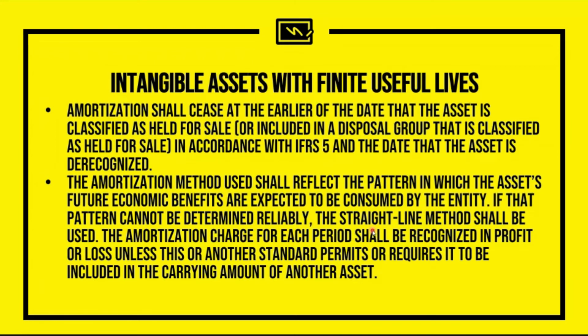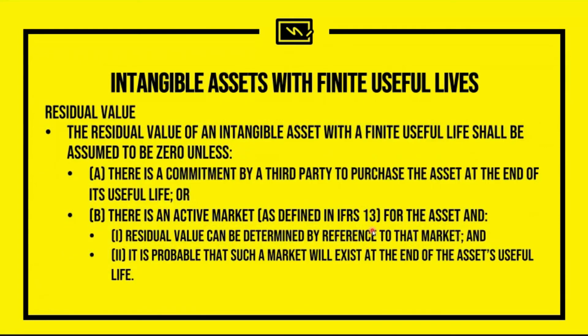So, whenever we amortize an item, the first thing that we need to do is, number one, look for the pattern. Okay? Pattern of usage, or based on the pattern of expected benefits. Okay? If there is no pattern that was established, then what we're going to do is we're going to use the straight line method of amortization.